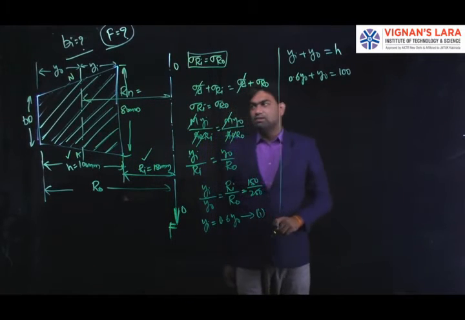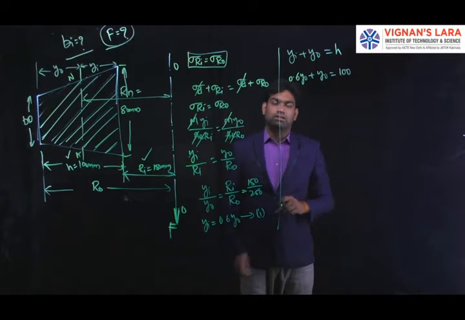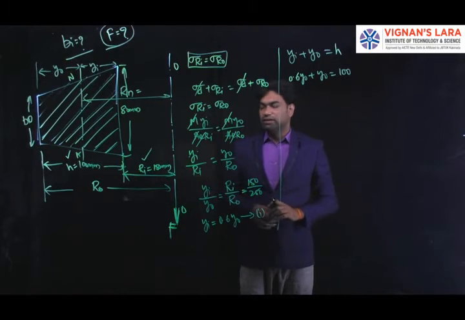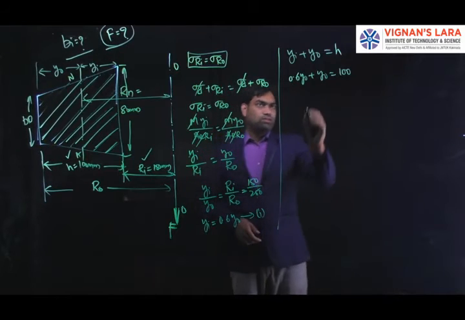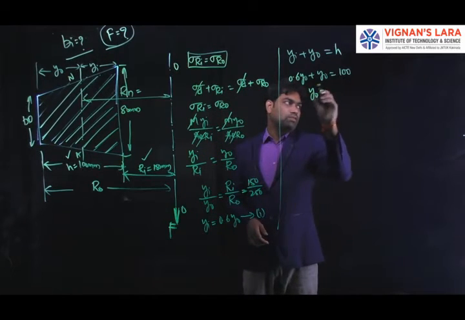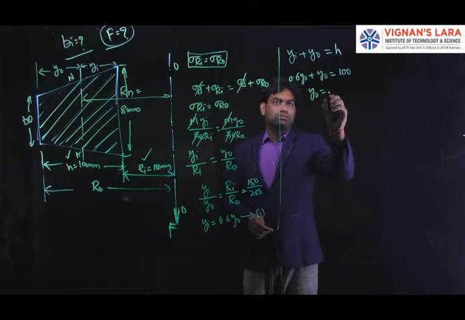From the equation of Rn, we can find out the width at the outer fiber. So from this we get 1.6 y naught, so we can find the value of y naught.